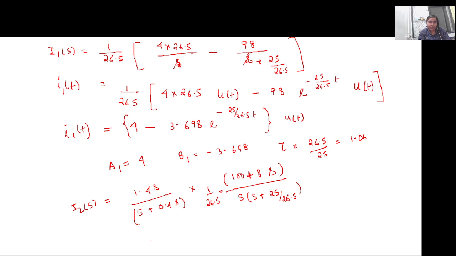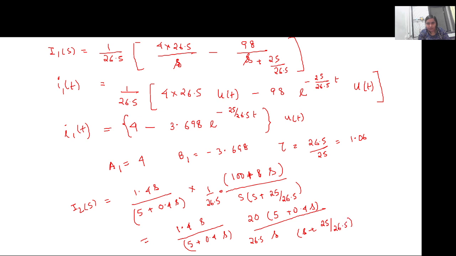So just take 20 out of here. So it is 1.4s. The more simplified the expression you can make, the better it will be. So it is 5 plus 0.4s. If we take out 20 from here, it will be 5 plus 0.4s by 26.5 into s plus 25 by 26.5. So this will get cancelled, and then again s from here and here will get cancelled, right? So you don't really need to write this s.